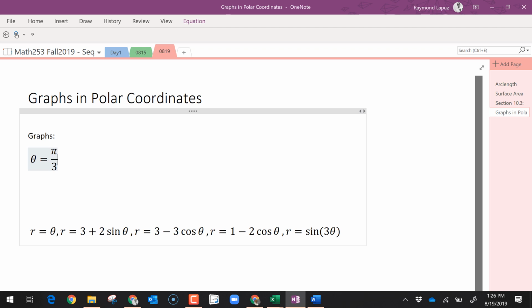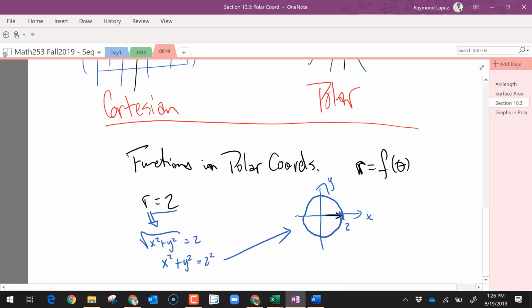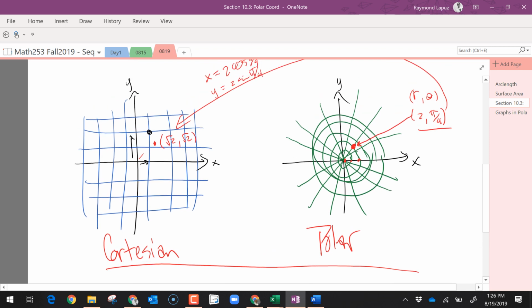I want to get your mind thinking back at the graphing paper. In Cartesian coordinates, if I say y is equal to 2, what would you draw?